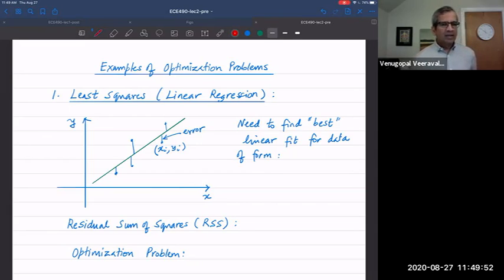Okay, so let's talk about some examples of optimization problems. Now that we have set up the notation and the background, I thought it would be a good time. These problem formulations wouldn't have made sense without first introducing some of the basic math notation.